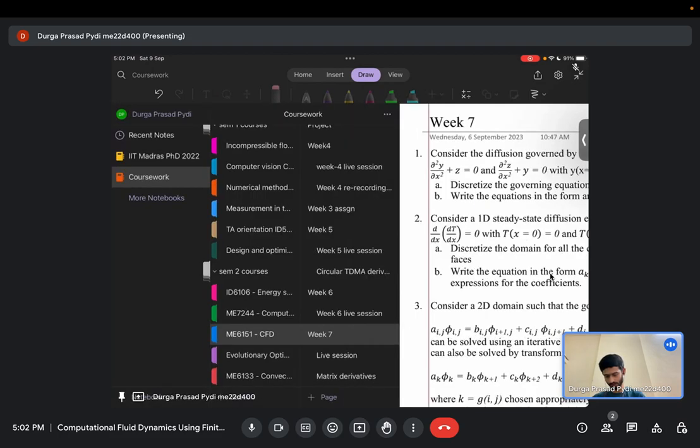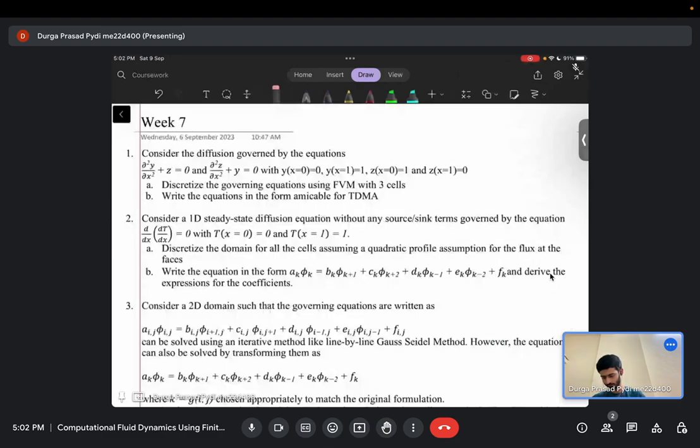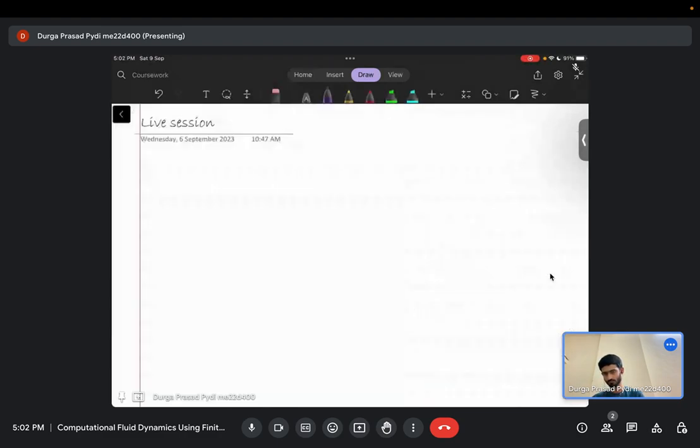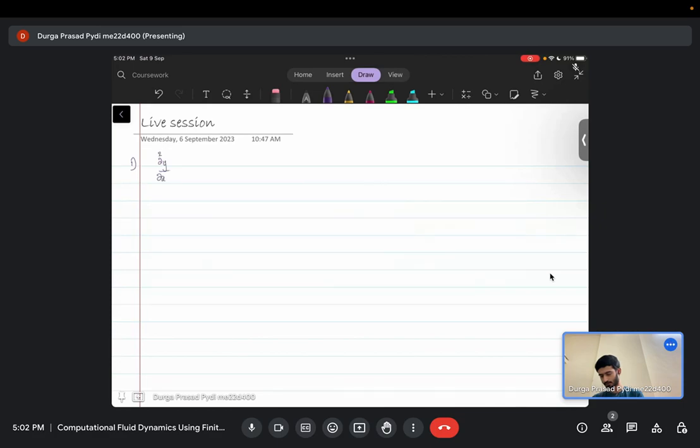So let's write the equations. The boundary conditions are all similar. We have del square y by del x square plus z equals 0, with y at x equal to 0 being 0, and y at x equal to 1 being 1.